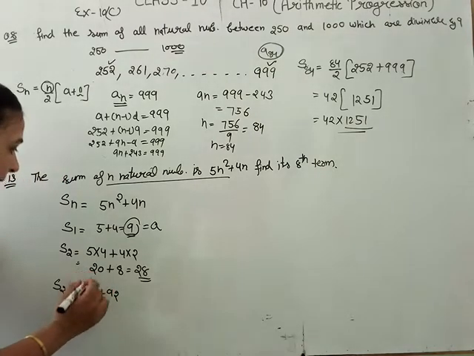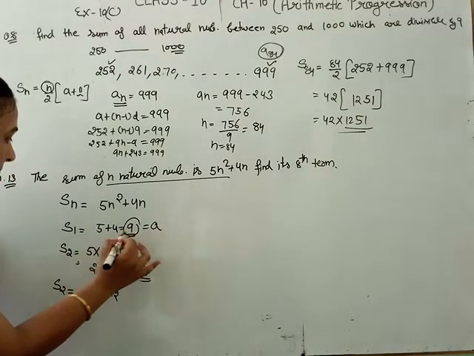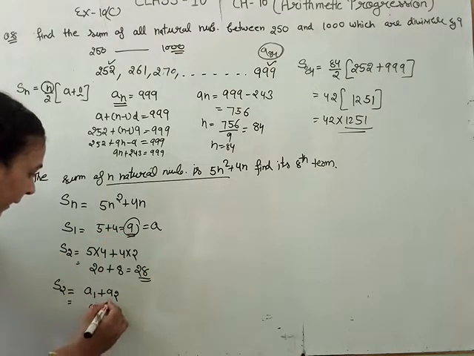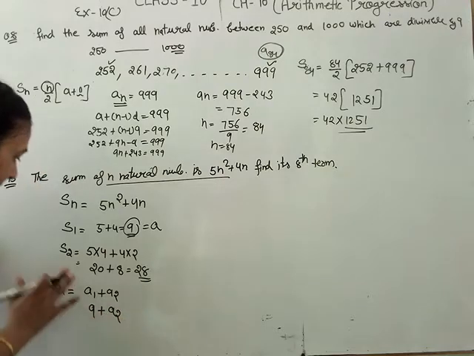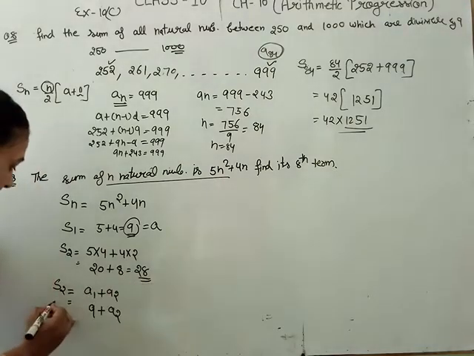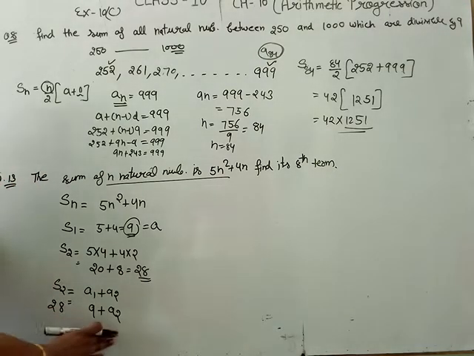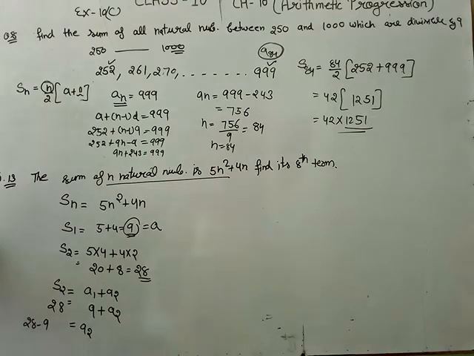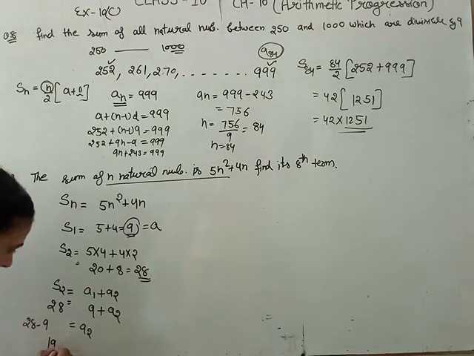The first term is a1, 9, plus a2, and S2 equals 28. From this we find the second term. Okay, then a2 equals 28 minus 9, that is 19. a2 is 19.